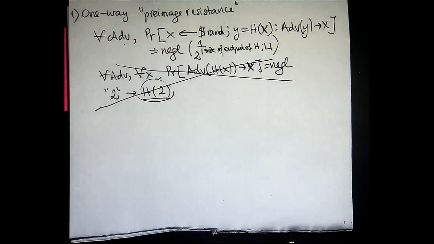Because you can compute the hash for some X. Take value 2, compute its hash. So there you go, you know the inverse of the hash of 2. It's 2, right? So you can invert the hash for some specific value because you computed the hash for that specific value. But for a random value, it's much harder, because you're just given the hash and you have no idea how to obtain the value that produced the hash.